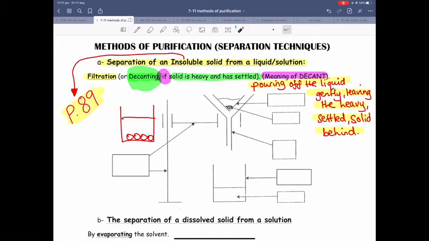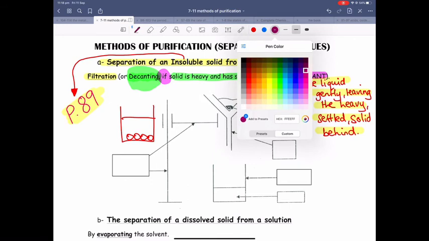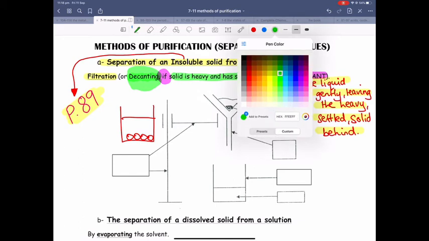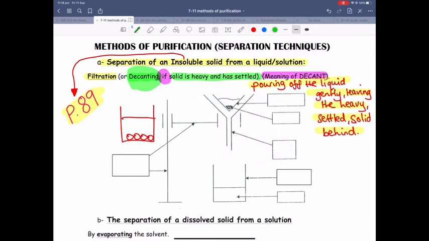Okay, so now for the answers. Let's find a different colour. I'm going to use this green colour. Right, so let's start on the left hand side and go clockwise round.